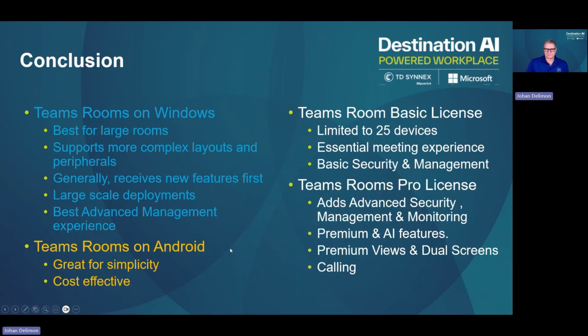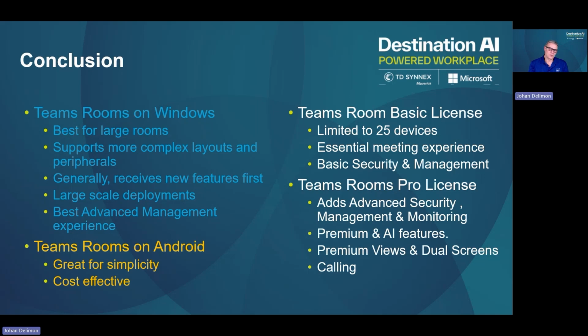So to the conclusion. Let's focus on Teams Rooms on Windows first, where they are probably best suited for the larger, more complex rooms where there could be lots of different peripherals, because it's still Windows, and there are more drivers available for Windows than for Android. What I see in practice is that generally new features on these rooms go to Windows first.